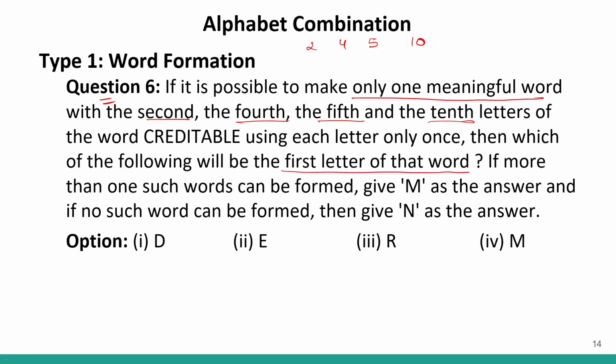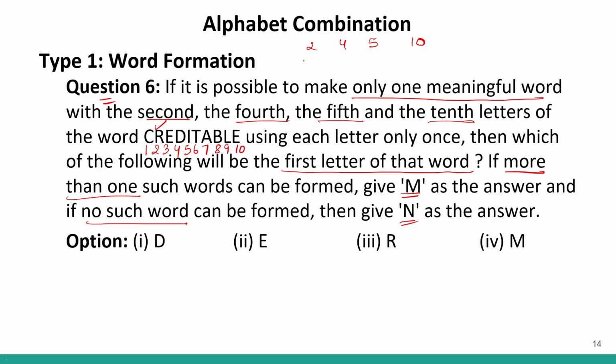We have to identify the first letter of the word. If more than one is formed, we mark M, and if no such word is formed, we mark N. So first we have to give them positions. This will be 1, 2, 3, 4, 5, 6, 7, 8, 9 and 10.